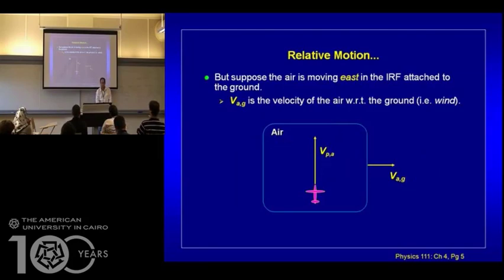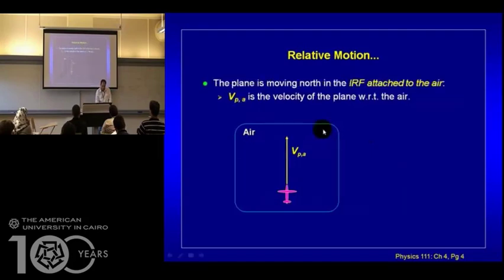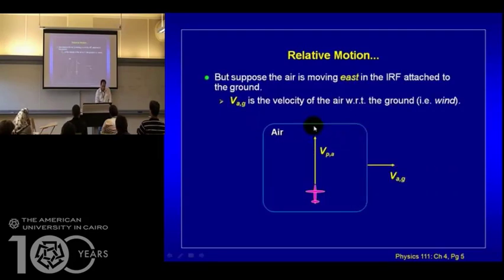And now the pilot has to adjust the direction of his airplane in such a way that he arrives in Cairo. He knows that Cairo is somewhere in here. And he flies that way. So if he actually adjusts his airplane in that direction, the air will make him shift a little bit to the right. Right?